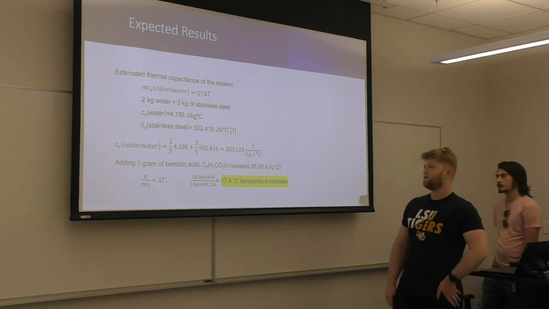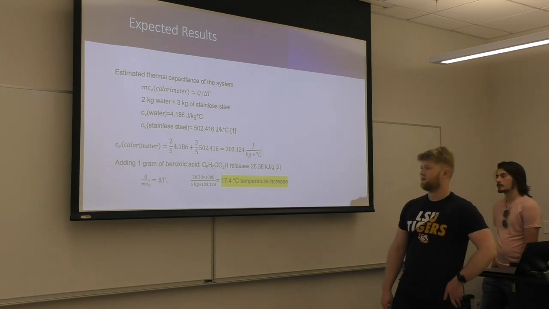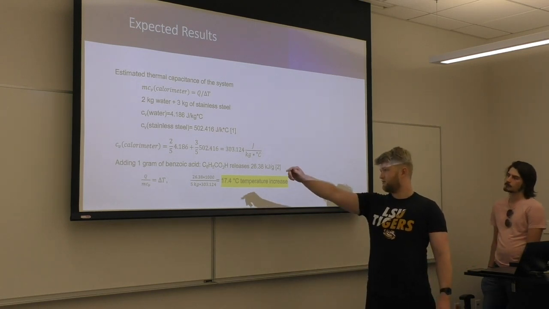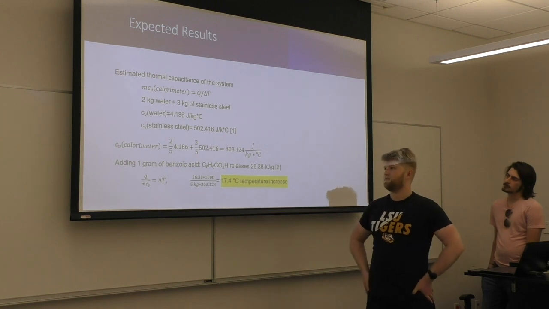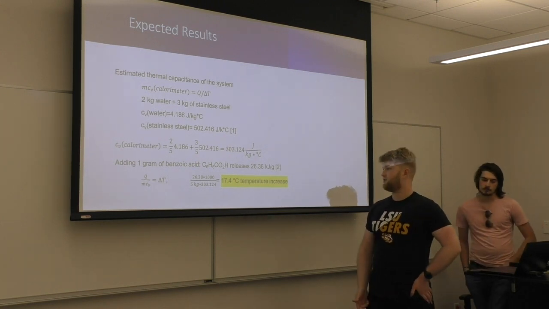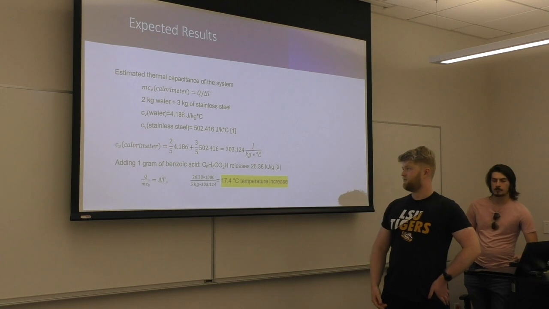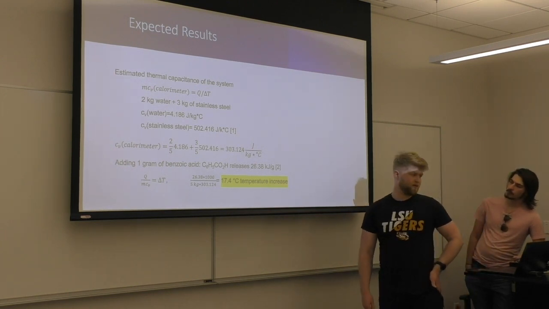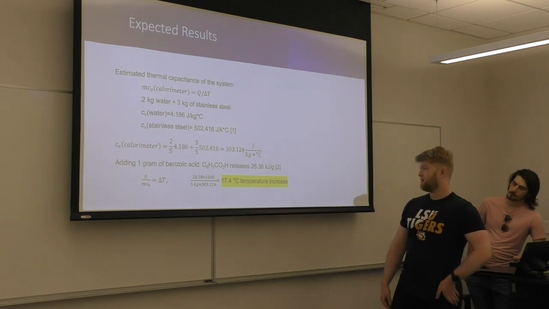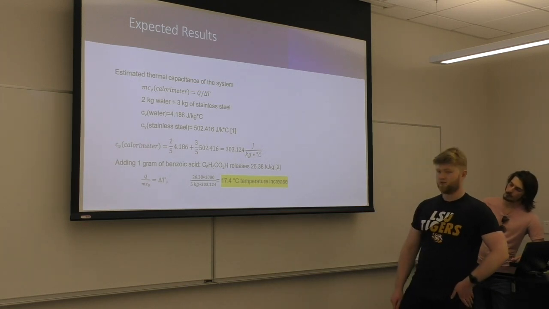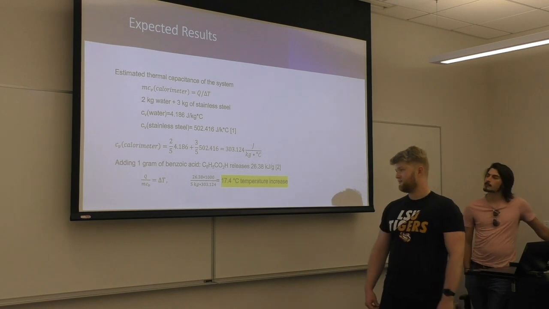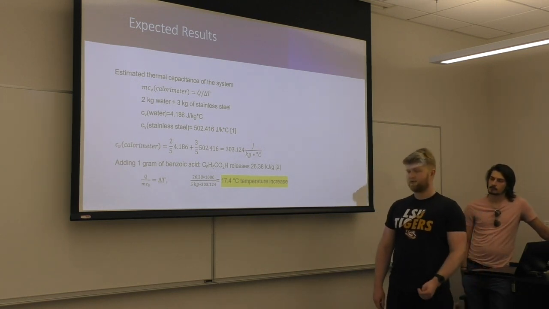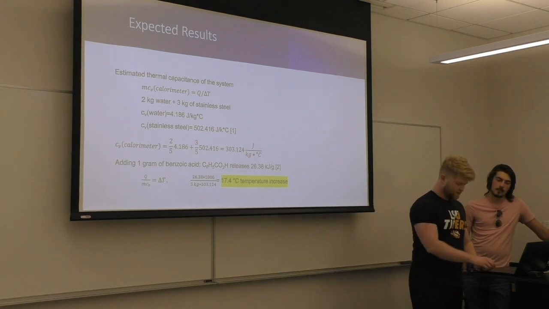You can find the thermal capacitance of the calorimeter using the mass and the heat capacity of the water and the steel to get an average value of that, and predict that for 1 gram of benzoic acid, which releases about 26 kilojoules per gram, because we're just using 1 gram, you can expect about a 17.4 degrees Celsius temperature increase from adding the sample.